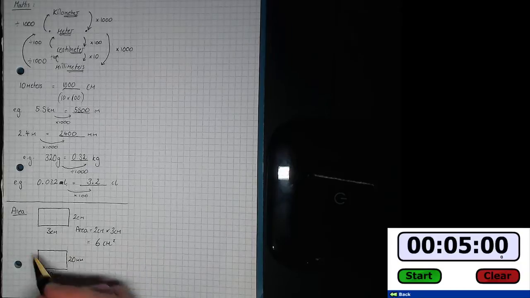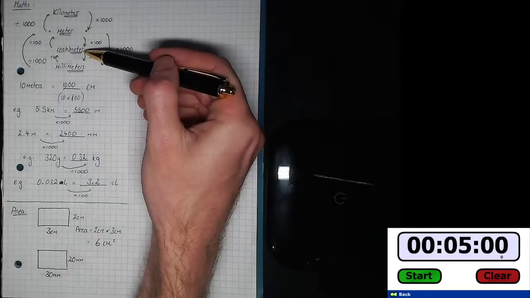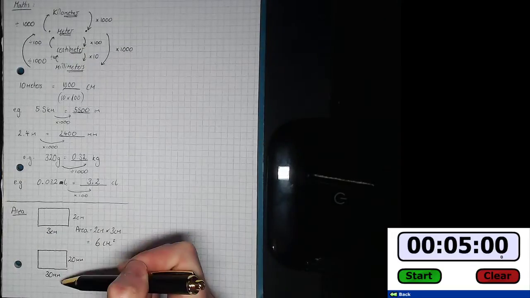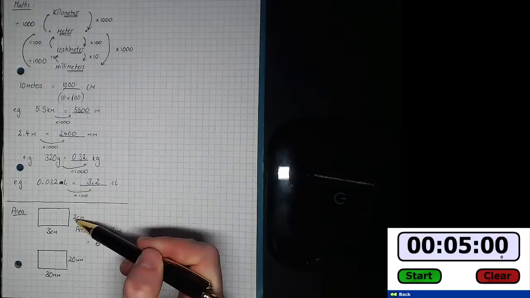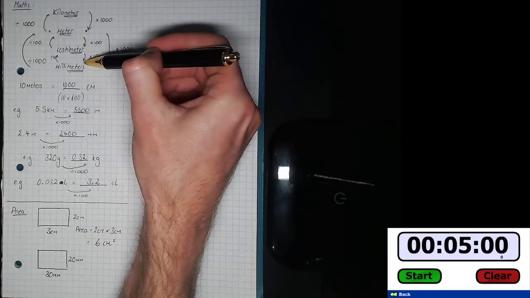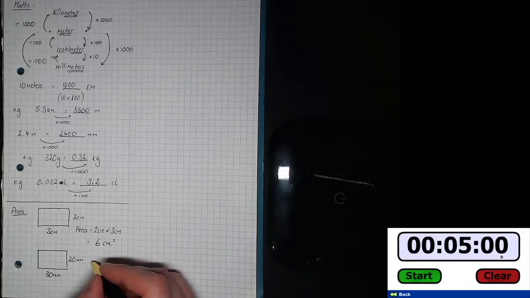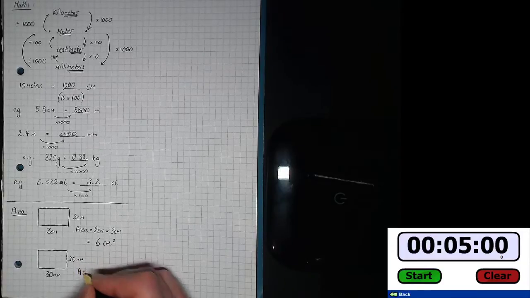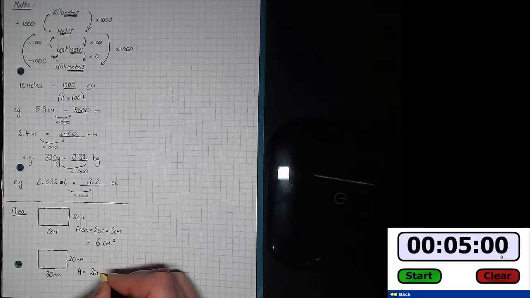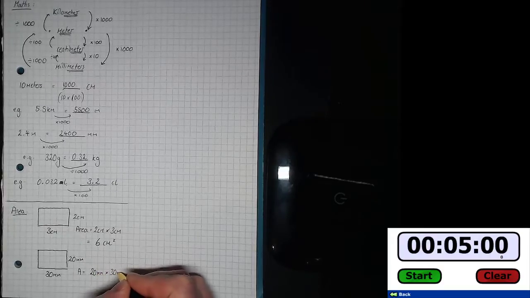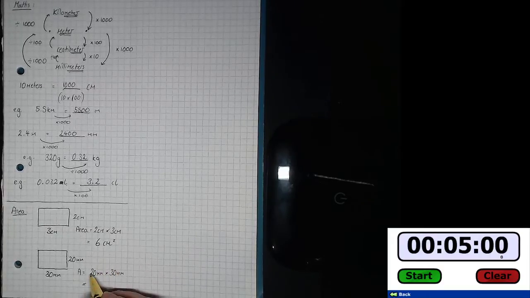It's exactly the same rectangle, because 3 centimeters will be 30 millimeters, 2 centimeters would be 20 millimeters. So this time the area would be 20 millimeters times 30 millimeters. 2 times 3 is 6, but this time it's going to be 600 millimeters squared.